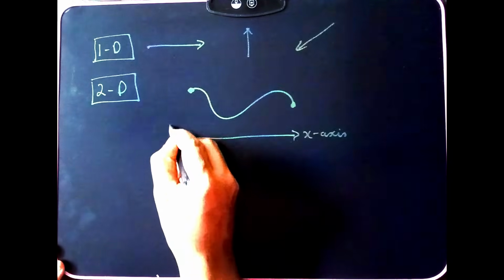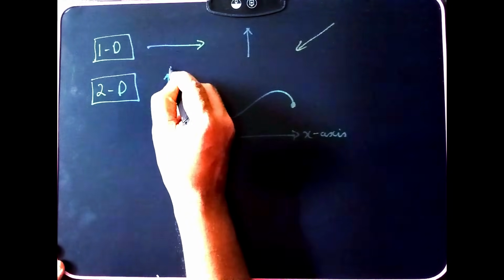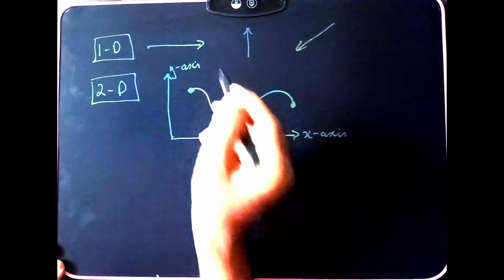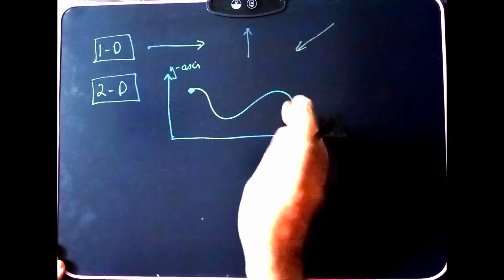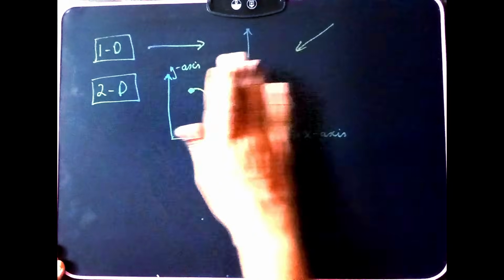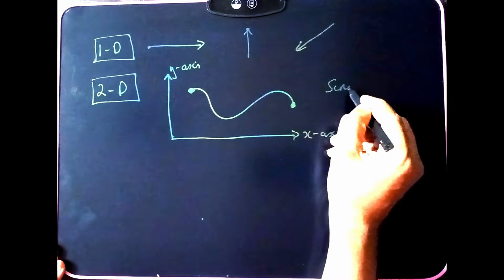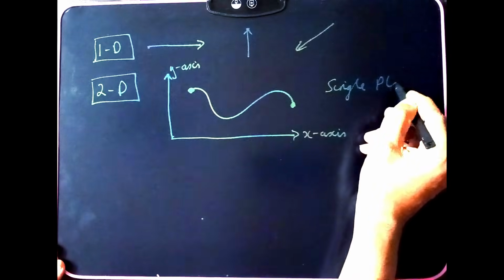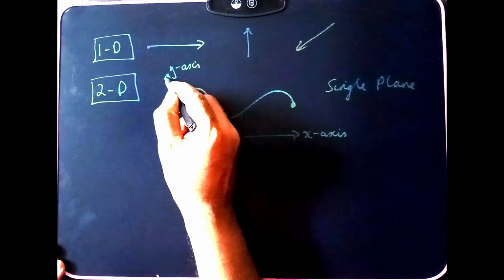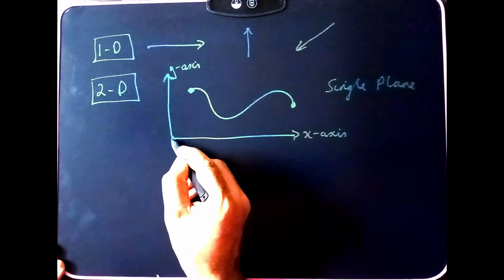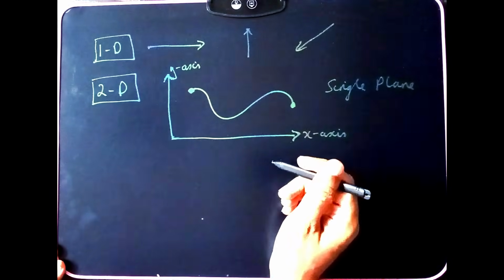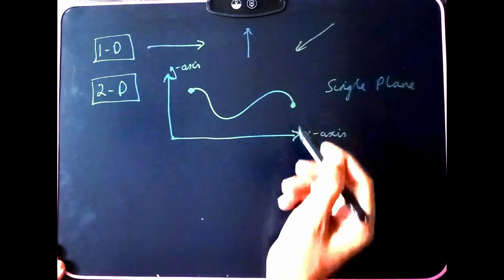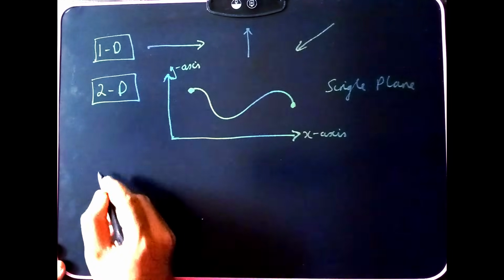So I will need another axis, which is the y-axis. When both the y and x axes are on a single plane, the motion of the particle is said to be two-dimensional.